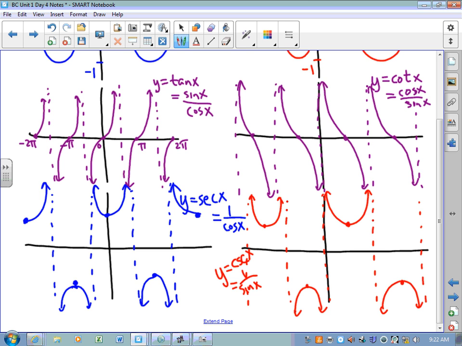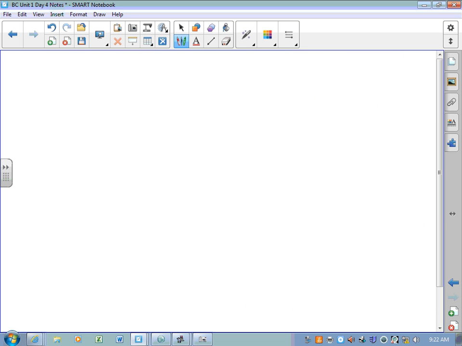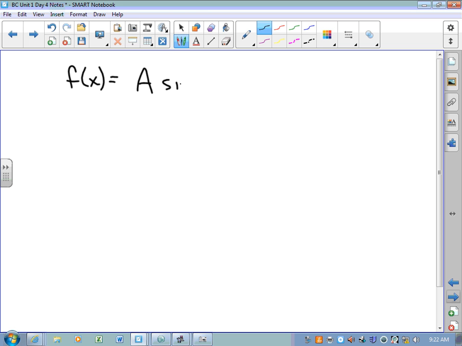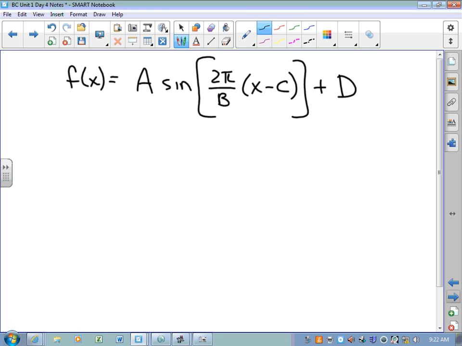You also have to know how to connect the graph of a trig function to the equation of a trig function. And the equation of a trig function generally looks like so. And even though we give some fancy schmancy vocabulary, it's the same stuff we've always done with transformations of functions.